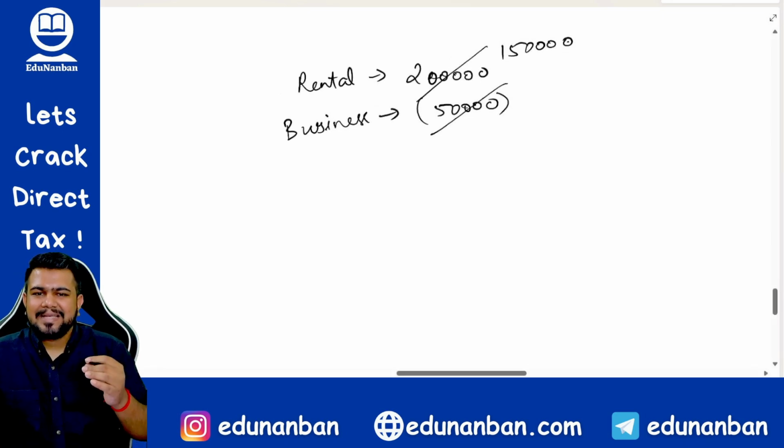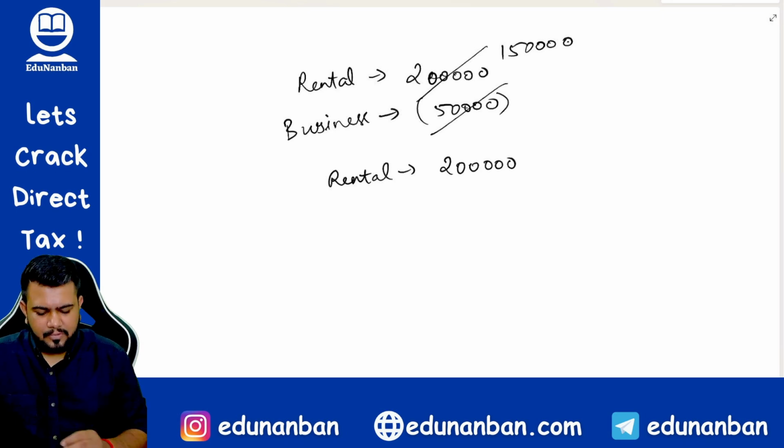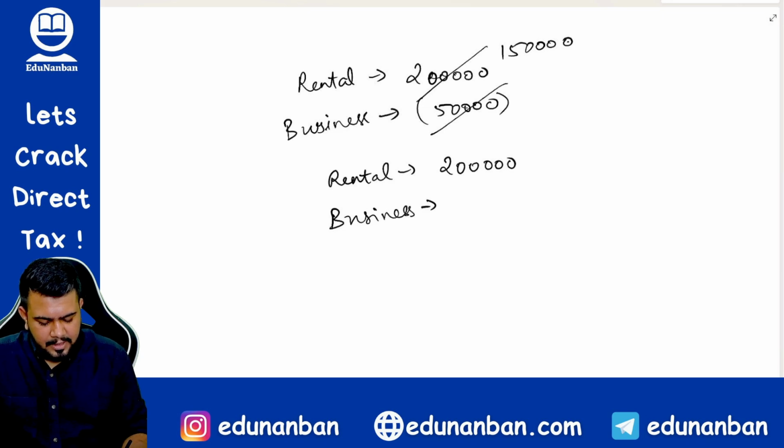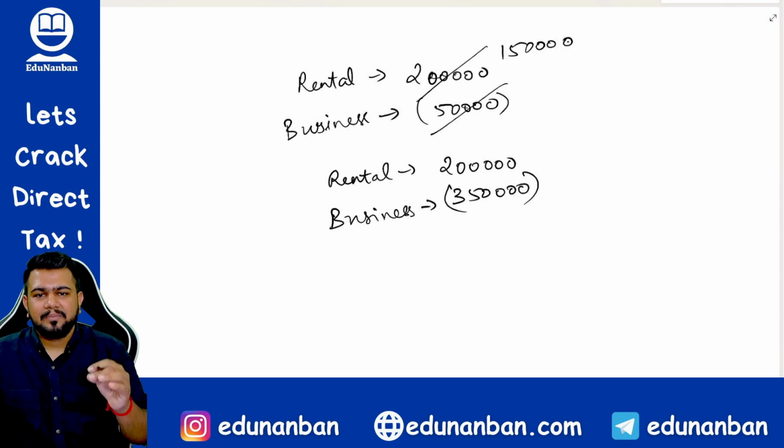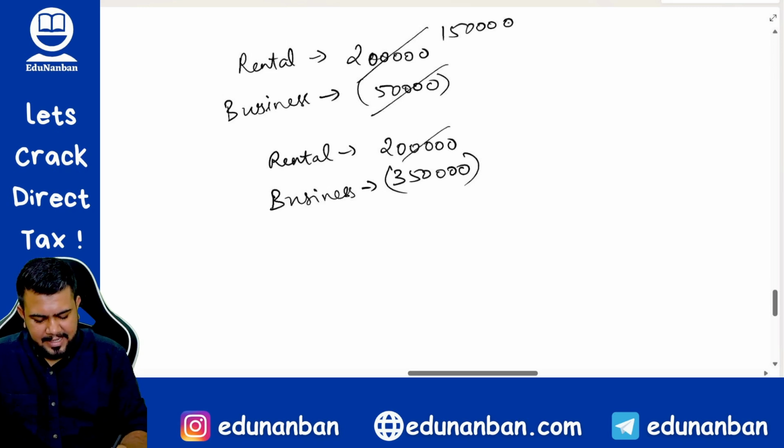So then what is carry forward? Now let me take one more example. My rental income is 2 lakhs, and my business loss is 3,50,000. It is not 50,000, it is 3,50,000. So now can I do set off? Answer is yes, I can do set off.